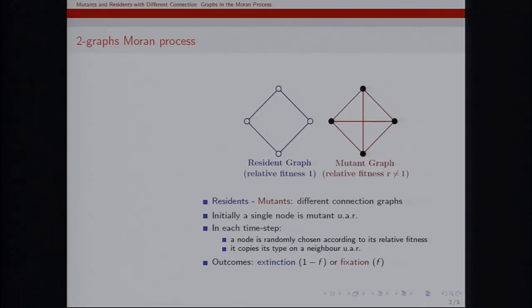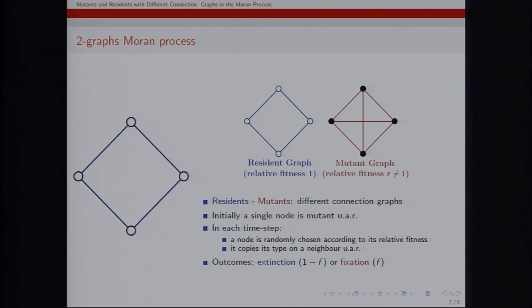So what we have done is we have generalized an already existing process, which is called the Moran process, which aims to model the spread of mutation in biological networks, or the spread of ideas in social networks, or the spread of malware in computer networks. So the process goes as follows.